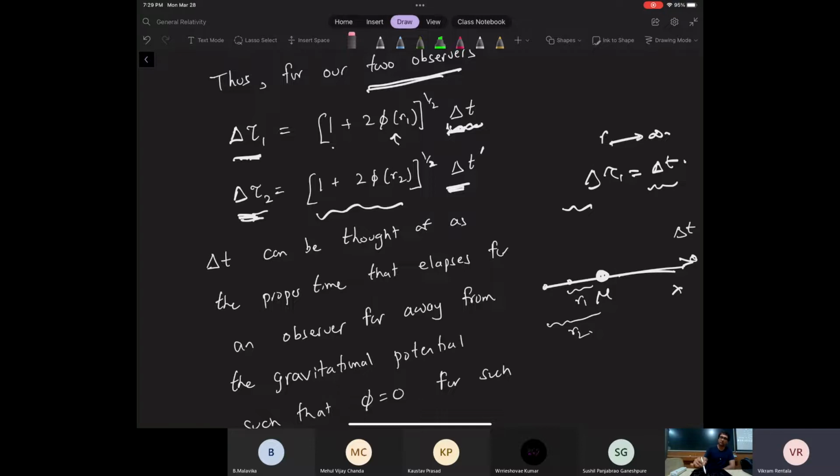Let's assume that the same time delta t has elapsed for an observer who is very far away. But for these two observers, the time that would have elapsed is (1 + 2 phi(r1))^(1/2) times delta t and (1 + 2 phi(r2))^(1/2) times delta t.